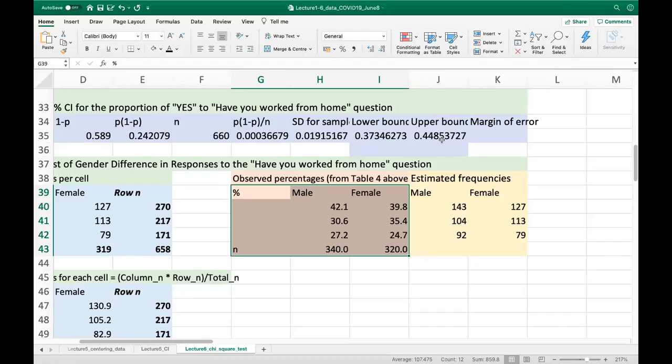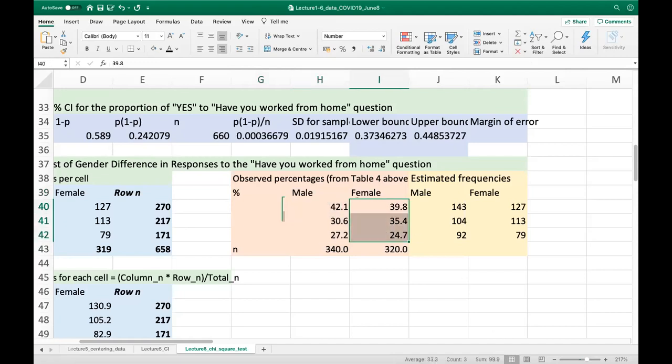So this is the data from the survey, and they only gave us observed percentages. This has already been turned into, I believe, a conditional percentage table. Remember, for each category the cells add up to 100%.